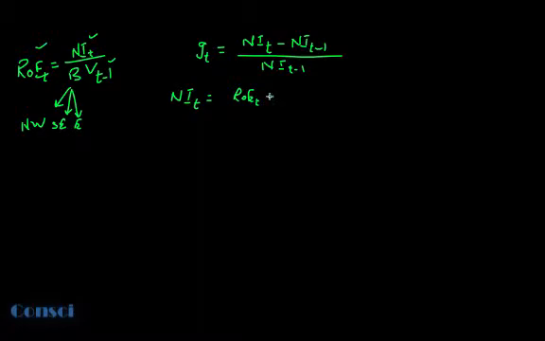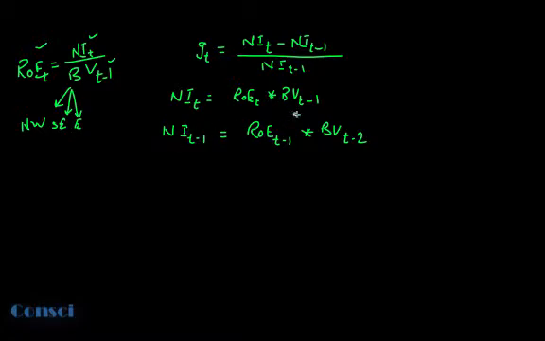So if we replace these equations in net income value, net income T becomes ROE T into book value T minus 1. Similarly, net income of T minus 1 is equal to ROE T minus 1 into book value of T minus 2.